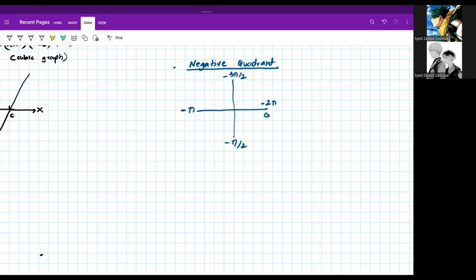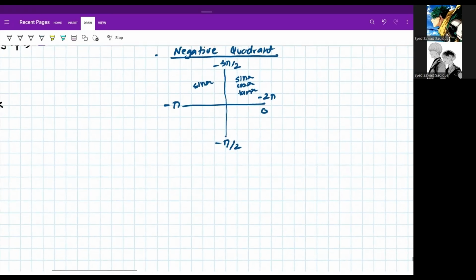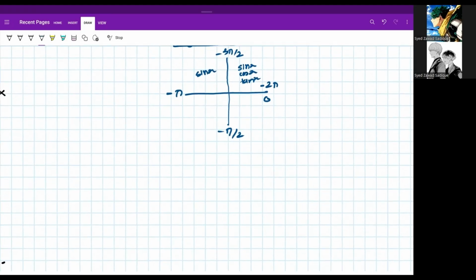All right, in which this is true for sine, cos, tan. This is true for sine x. This is true for tan x, and this is true for cos x.